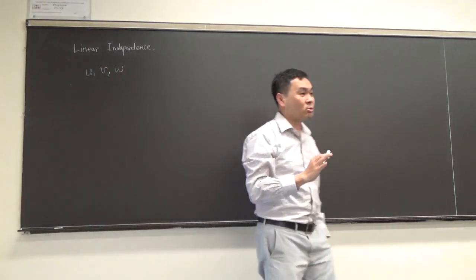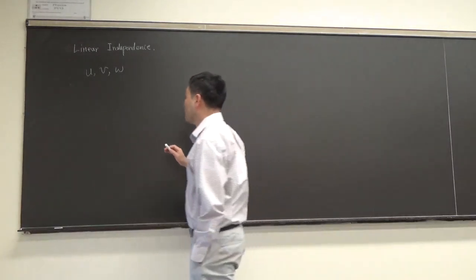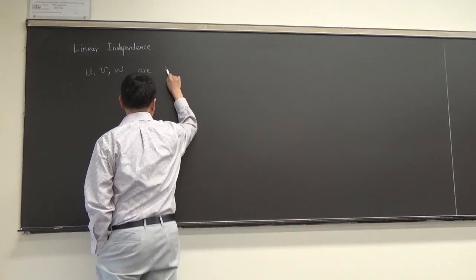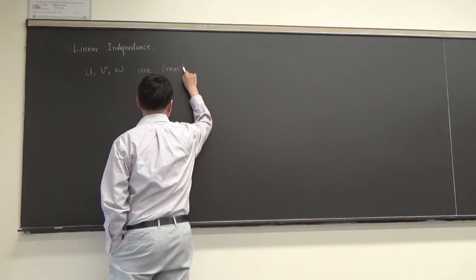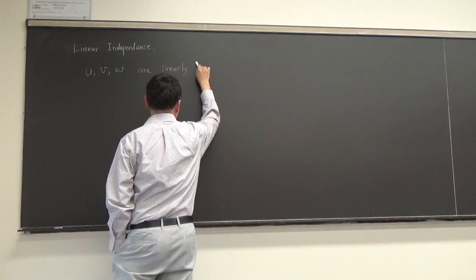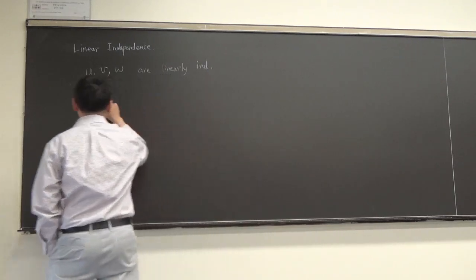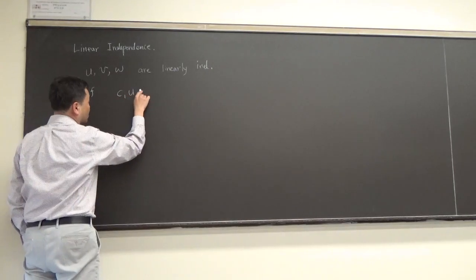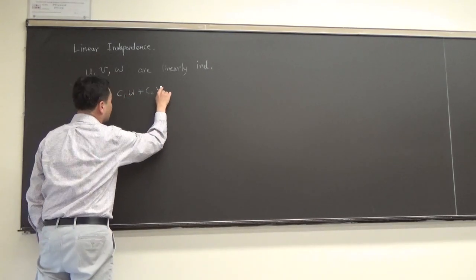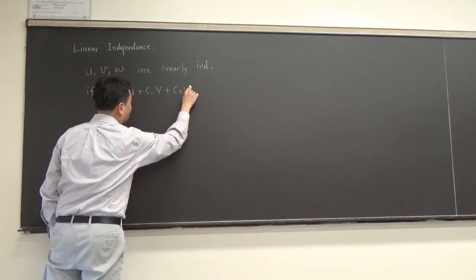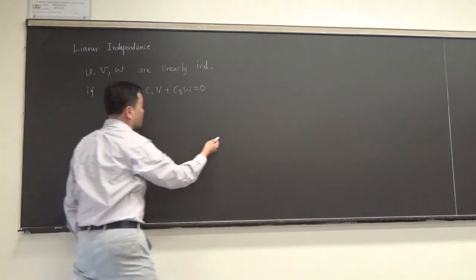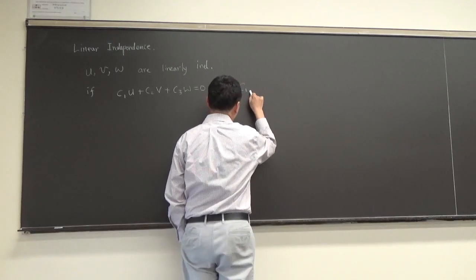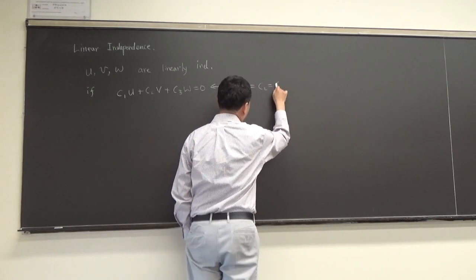Then we say the three vectors are linearly independent if C1u plus C2v plus C3w equal to 0 can only happen if and only if C1 equals C2 equals C3 equals 0.